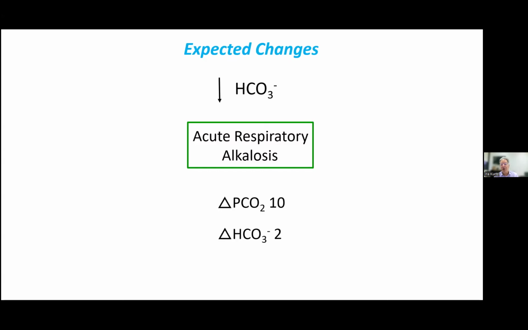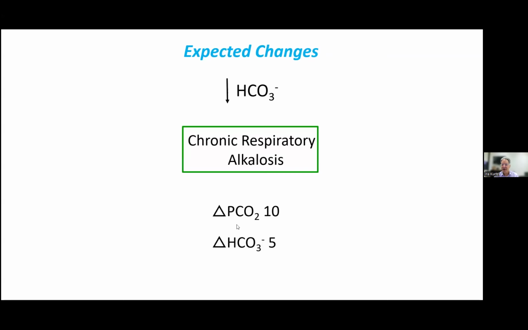So it's a 5-to-1 relationship instead of a 1-to-1.2 relationship like compensated metabolic acidosis. Here, the bicarbonate change is 1/5 of the PCO2 change. In metabolic acidosis, they're about the same, 1-to-1.2 or 10-to-12. Roughly, the changes are pretty close to being equal. Here, you have a 5-to-1 difference. So this could never be compensated metabolic acidosis.